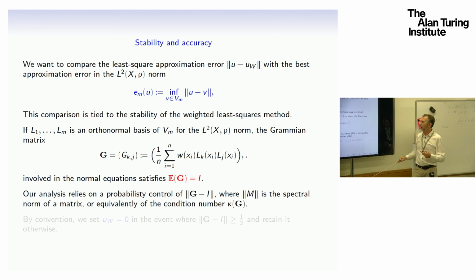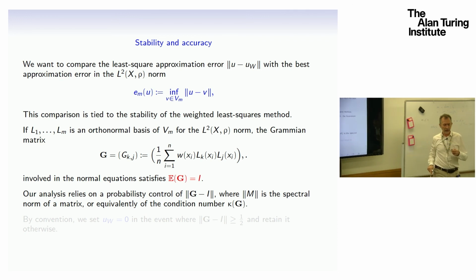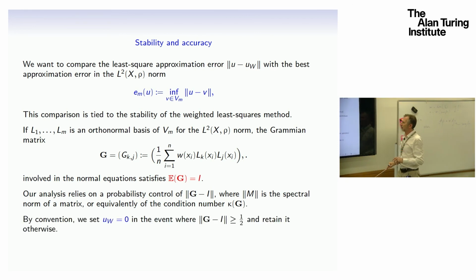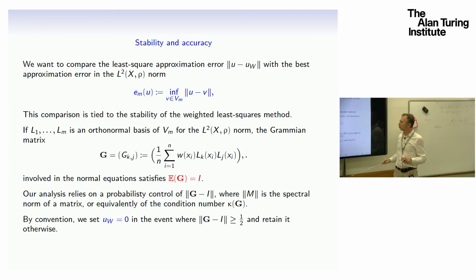And therefore, what our analysis will rely on is how far this thing can deviate from the identity in the spectral norm, which essentially amounts to analyzing the condition number of this matrix. Okay? And we are going to discard typically the event that could occur if this matrix is ill-conditioned.